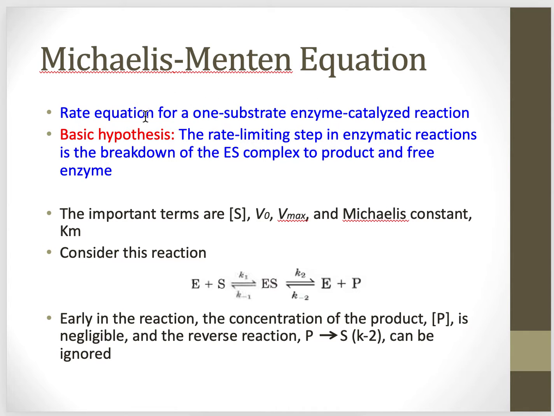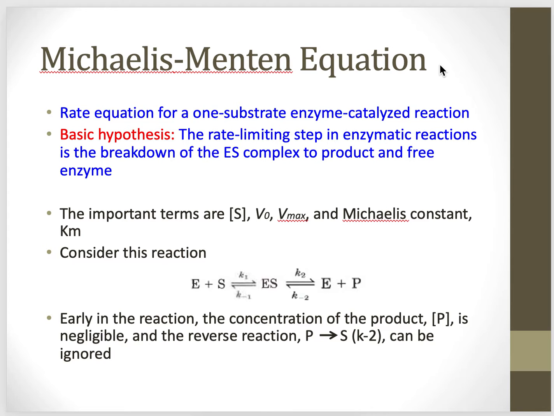It's a rate equation for a one substrate enzyme catalyzed reaction. By the Michaelis-Menten equation, we can represent the rate of a monosubstrate enzyme catalyzed reaction. To derive this equation, first Michaelis and Menten gave a basic hypothesis.